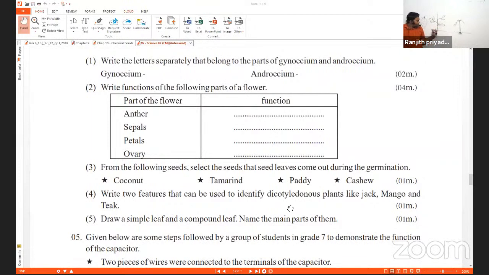Next, the stem is branched. You can see leaves with reticulate venation. I'll write that bigger: reticulate venation. The other one is unbranched.